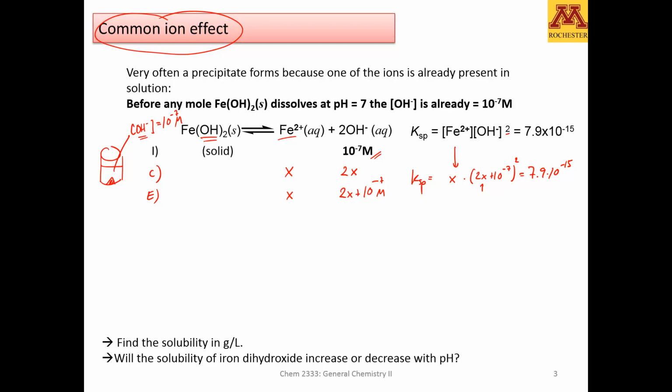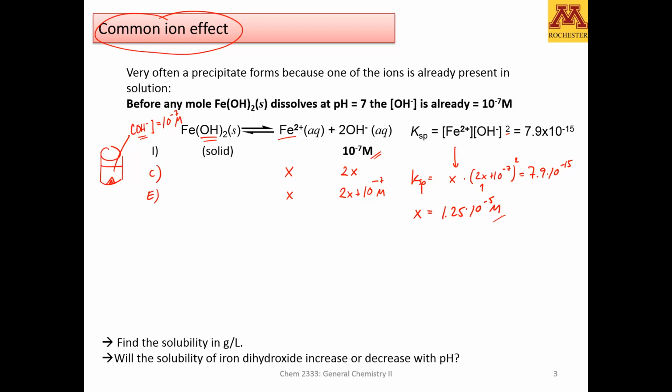We will not ask you to solve these equations analytically, but you can plug it into tools such as Wolfram Alpha or any other website that solves polynomial equations for you. So you will see that in this case there's only one real value for X, the others are imaginary, so this is 10 to the negative 5 molar.